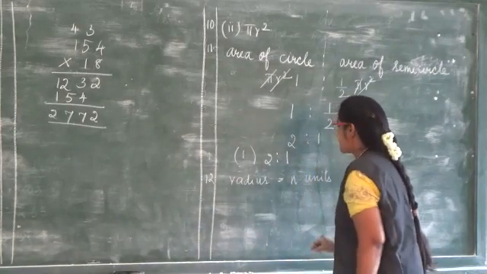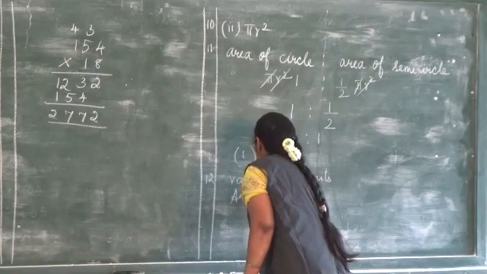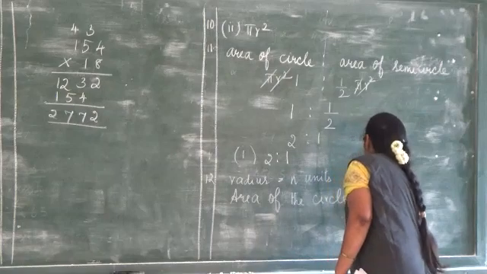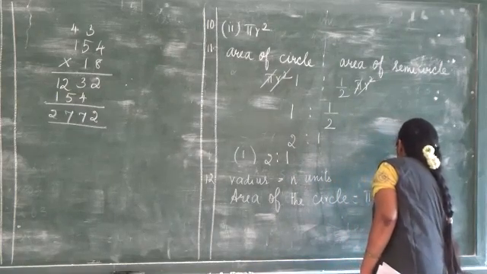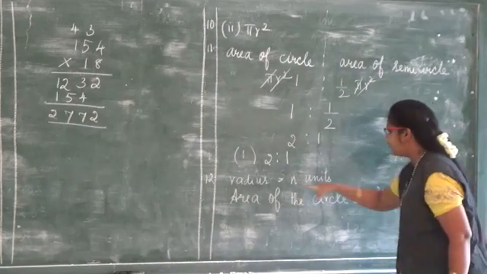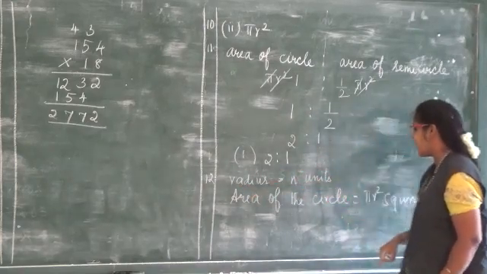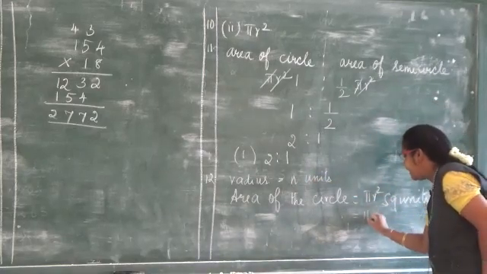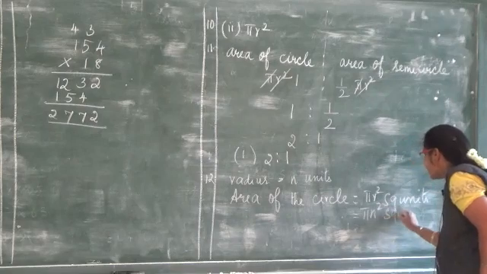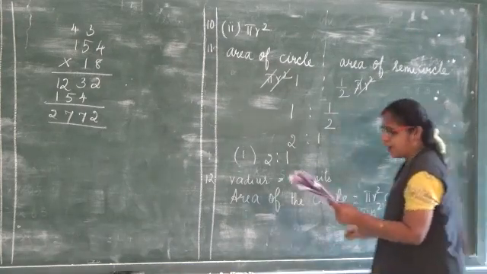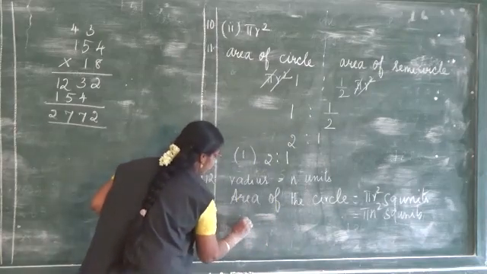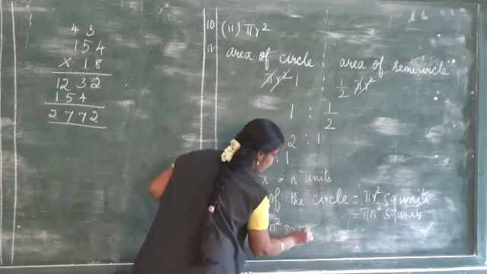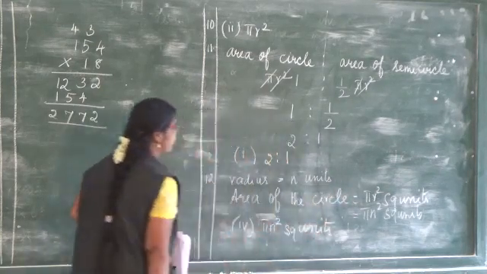So the area of the circle is equal to pi r square units. What is the value of radius r? They have given us n. So in the place of r you have to substitute n. So pi n square units. What is the answer? The fourth option, pi n square units, is the correct answer.